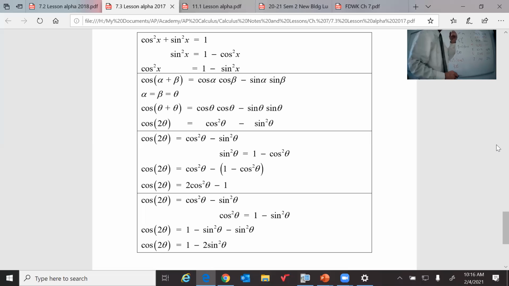The cosine of alpha plus beta, the sine of alpha plus beta, double angles, which are when alpha and beta are the same, all that's there. That's what Mrs. Bratz went over with you, but that's been a while.